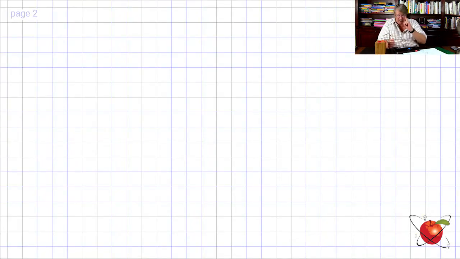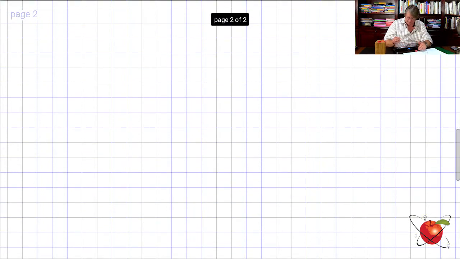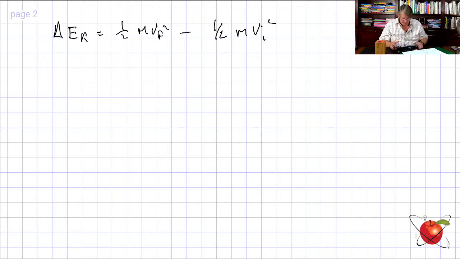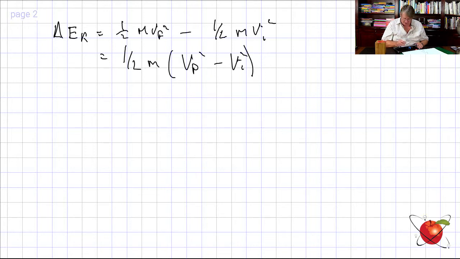Now, if this is the case, let's have a look at my EK, shall we? Change in EK is going to be equal to a half mv final squared minus a half mv initial squared, correct? What does that mean? It means that I can factorize a half m. It's going to be v final squared minus v initial squared.